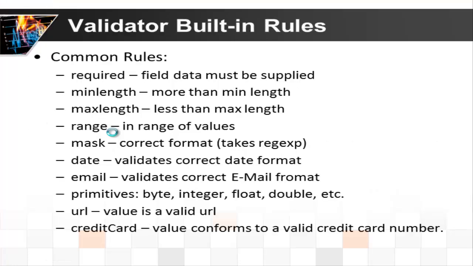Now, what are the things it can do? The trouble that you took yesterday, that is to check whether the value is there, that the field value is required. You did only this one. Apart from this, you can have minimum length, maximum length, range validation, and mask. So what is this mask? For example, you want the PIN code, or maybe the telephone number, to be written in this format.